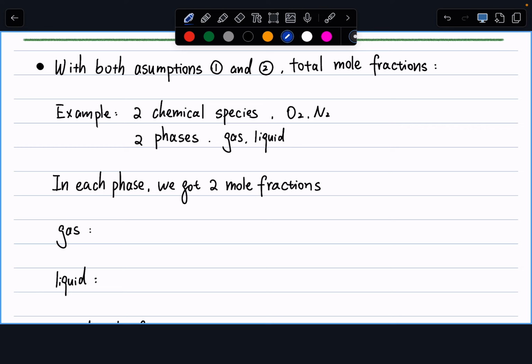In total, without considering the interconnection of these intensive properties, we can simply write, for each phase, we got 2 mole fractions, right? So we have the mole fraction of O2 in gas phase, and we have mole fraction of N2 in gas phase. And likewise, you have O2 in liquid and N2 in liquid.